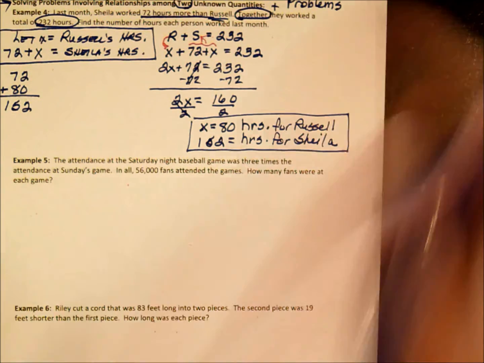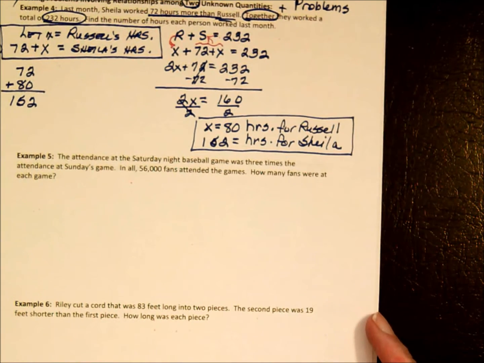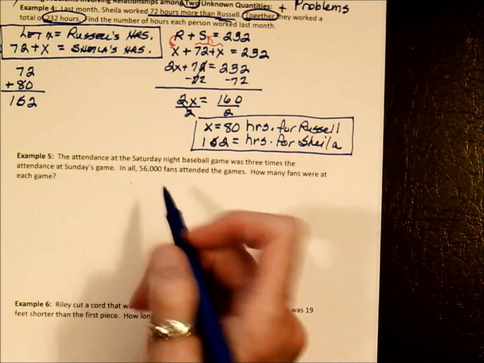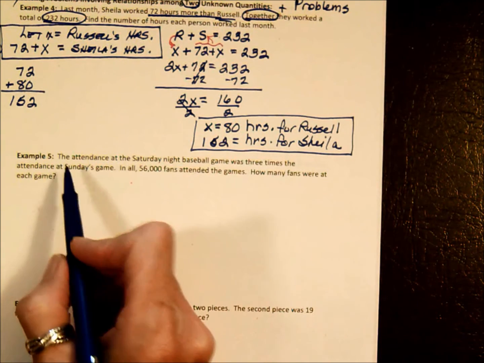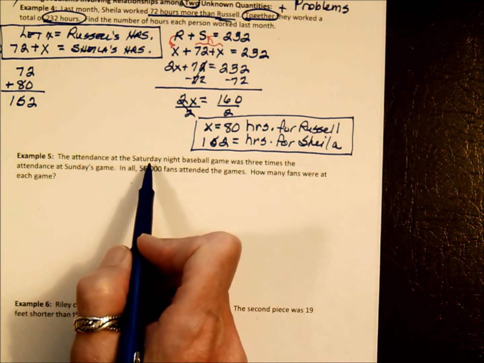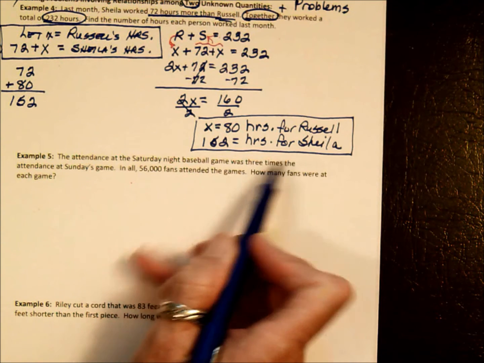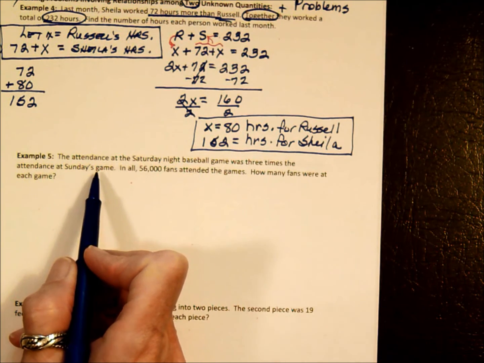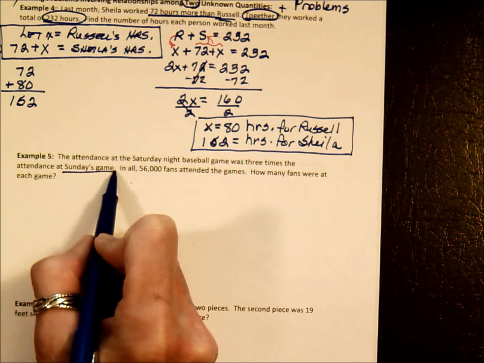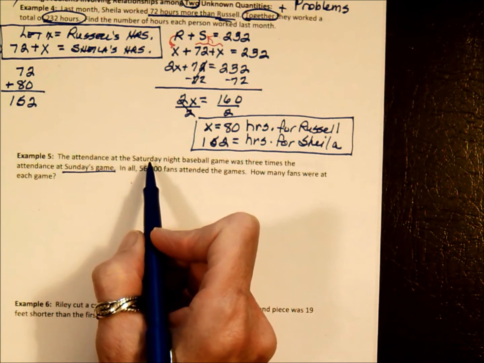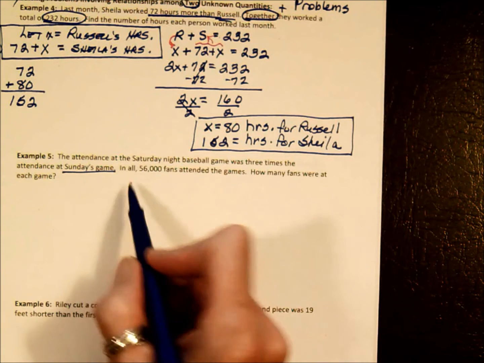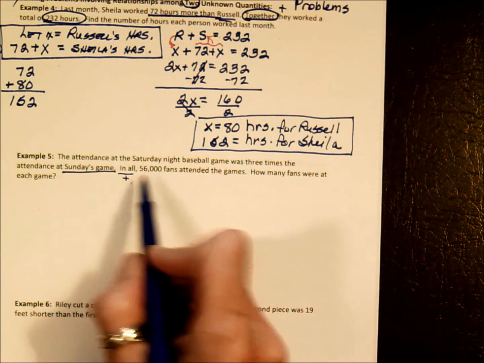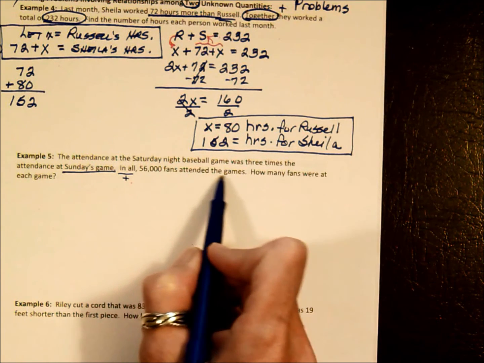So let's look at another one. Remember here that the hardest part is determining what is the base. So it says the attendance at the Saturday night baseball game was 3 times the attendance at Sunday's game. So the base here is Sunday's game because Saturday is described using Sunday. In all, meaning add, 56,000 fans attended the games.